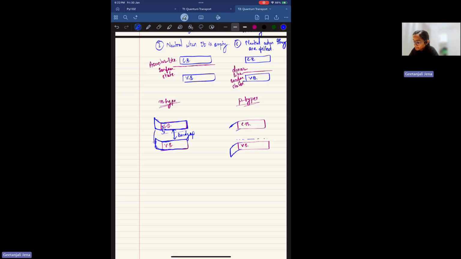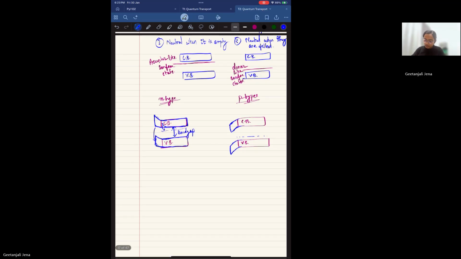And to maintain the band gap between the conduction and valence band, the conduction band will also move downward. So in short, whenever there is an effect of surface states, the bands near the surface will move upward for the N-type and downward for the P-type. So this is the effect of surface states on bands.